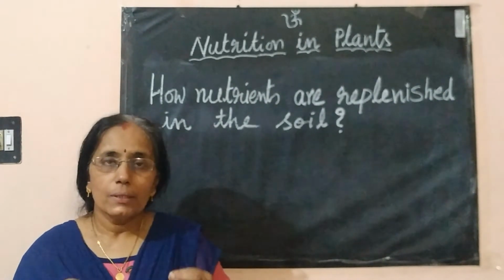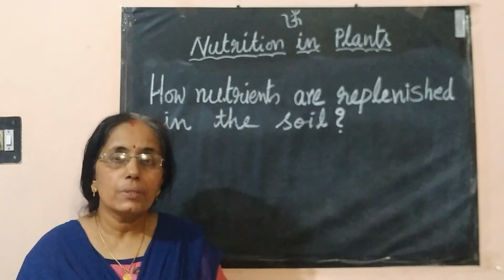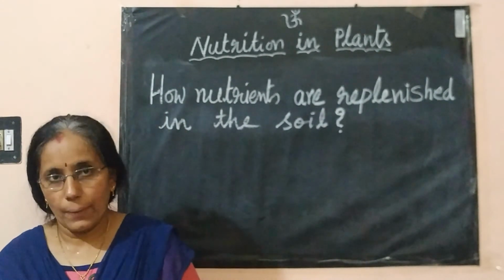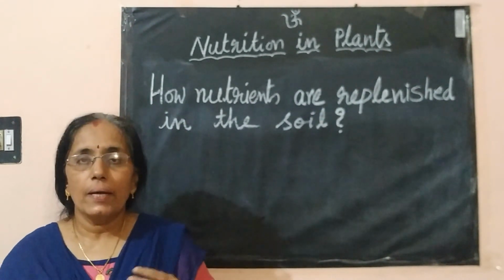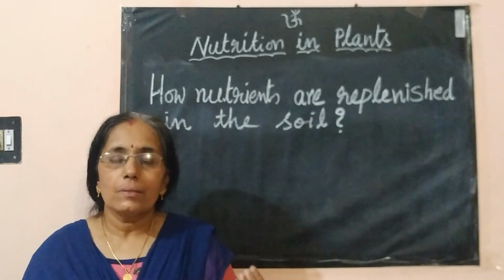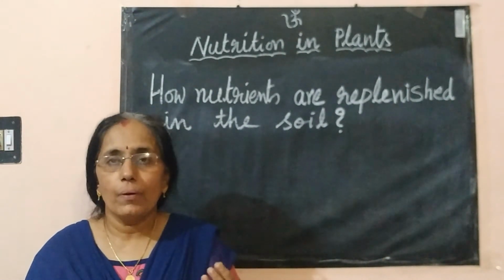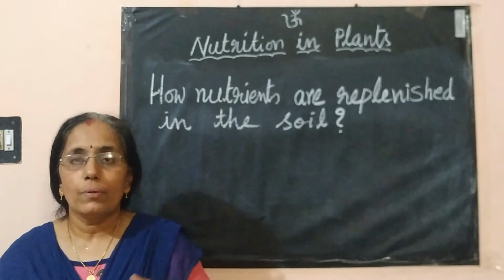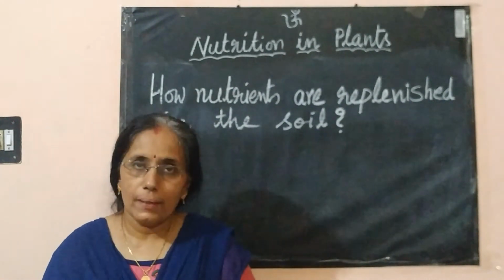They store these nitrogen compounds in the root nodules of leguminous plants. When these plants die, these nitrogenous compounds mix with the soil and can be absorbed by the other plants.